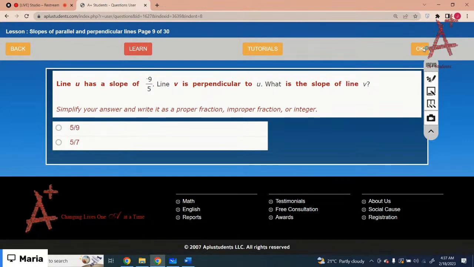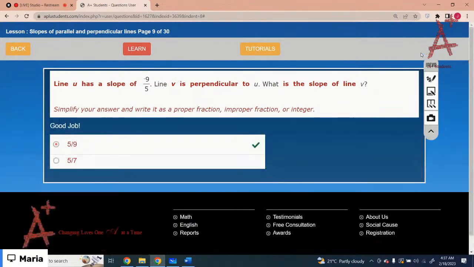It is 5 over 9. Got it? If they are perpendicular, that means they have the opposite reciprocal. Got it?